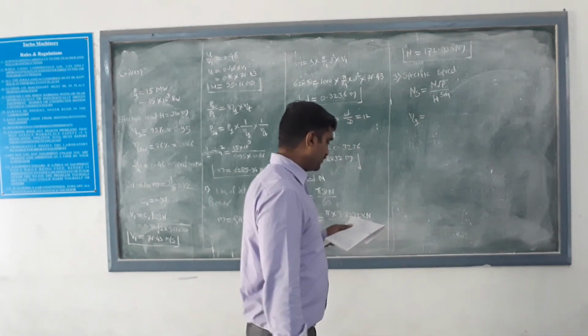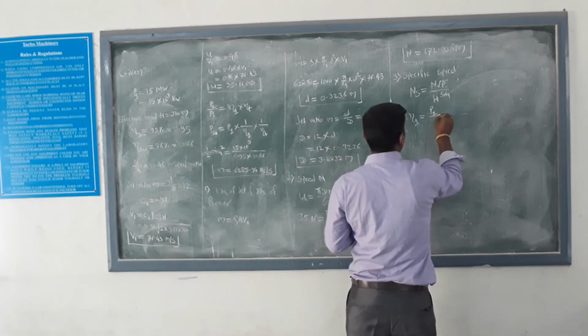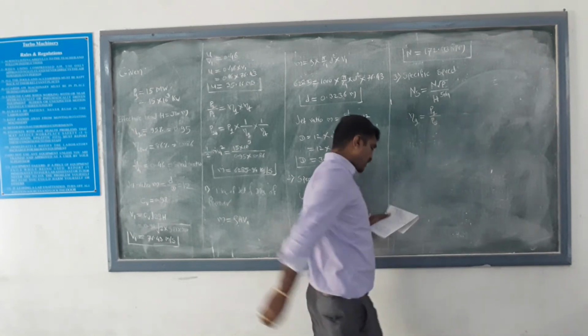Generator efficiency equal to Pg upon Ps, where Ps is shaft power.